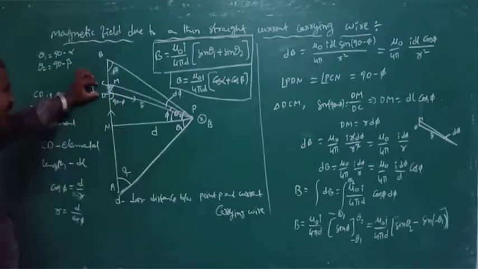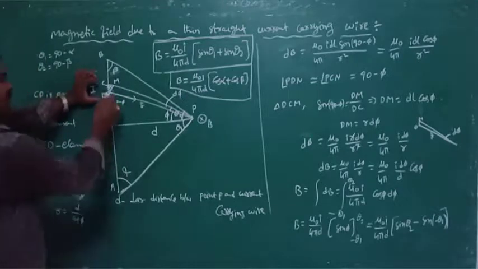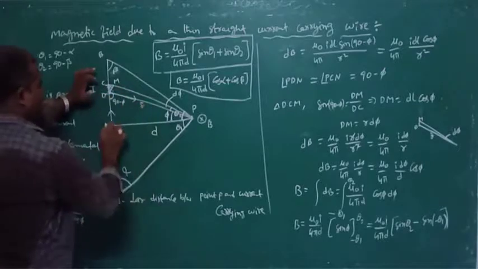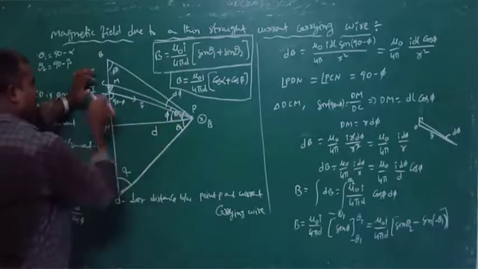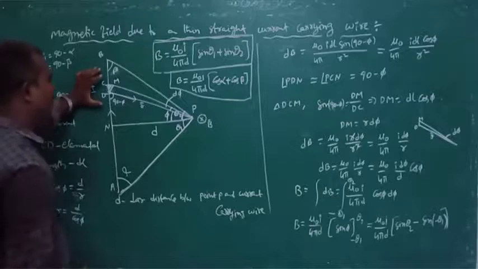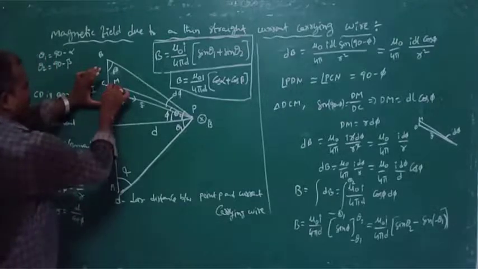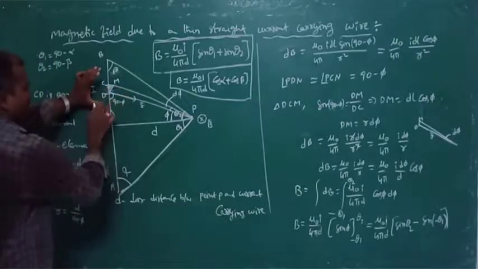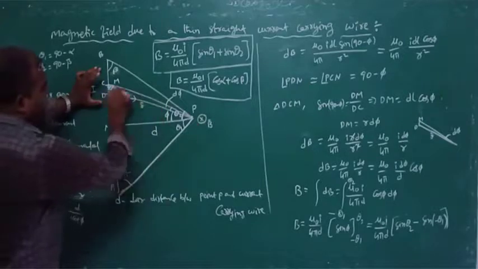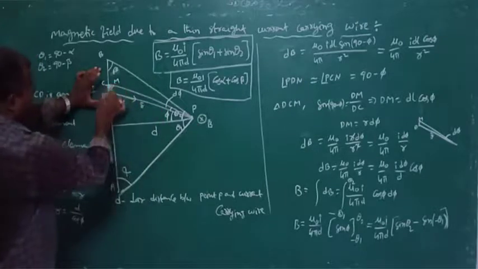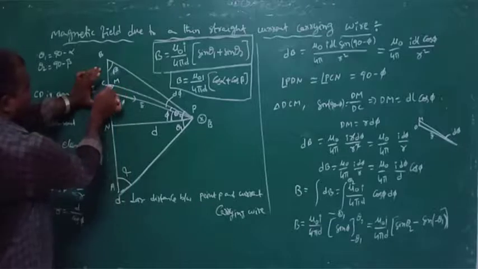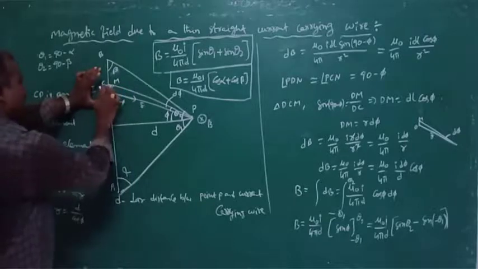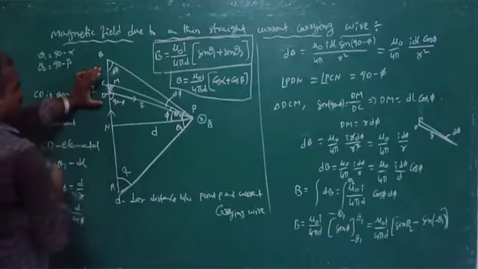This small element is very small. Then angle PCN and triangle PDL are both similar, that is 90 minus phi. For this we draw a perpendicular from D to the line CP, so it makes an angle 90 minus phi.